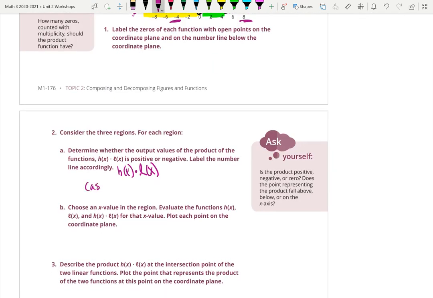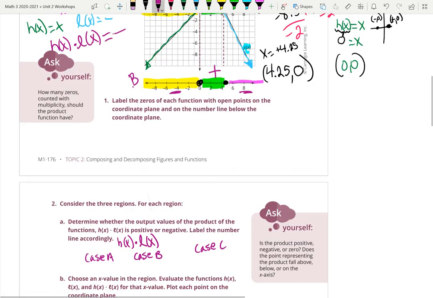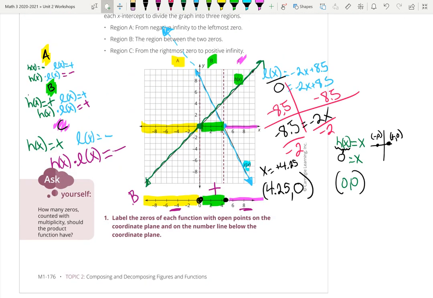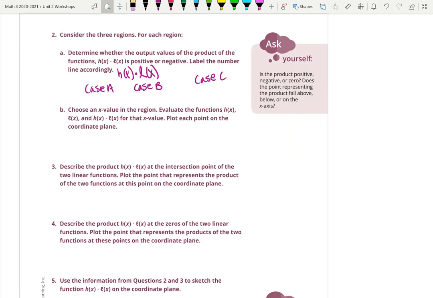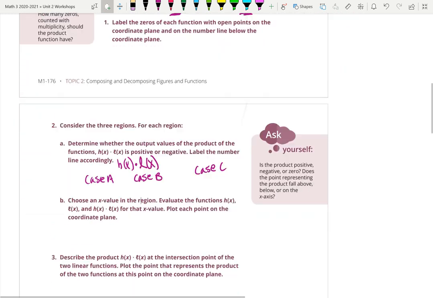Case A, case B, and case C. All right, you get the idea. I would move it here.